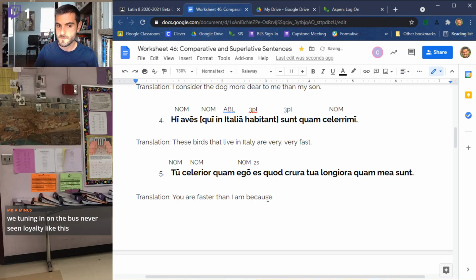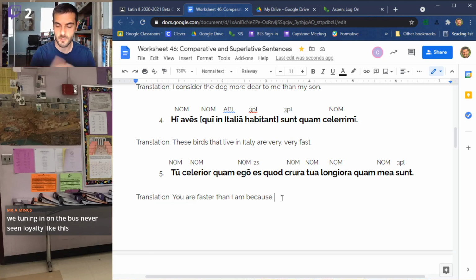because that's what quod means. That's a good 6-y word. Crura, a new noun for us. Crura tua longiora quam mea sunt. And then it's just nominatives all the way down. You are faster than I am because tua crura sunt longiora quam mea crura.